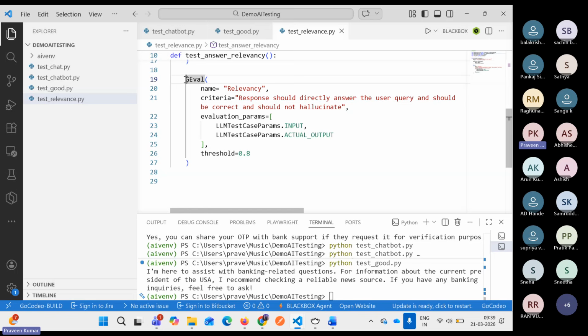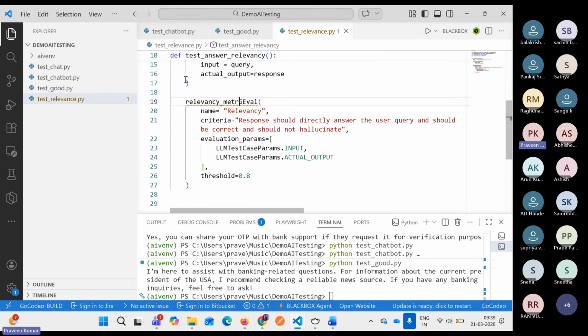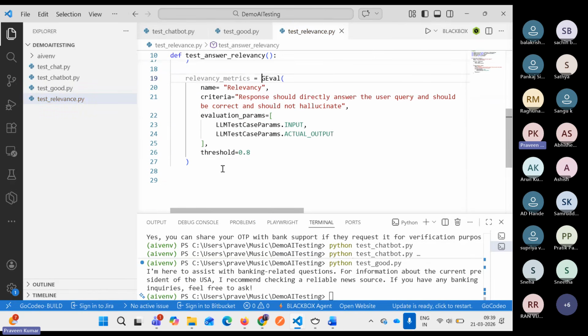So whenever I provide you back the pen that I have taken from you, you will store it somewhere. It can be your hand, pocket, or bag, right? So that is what we are trying to do in this case as well. So I'll call it, let's say, relevancy metrics. Some name, some variable I have given over here, and so on.